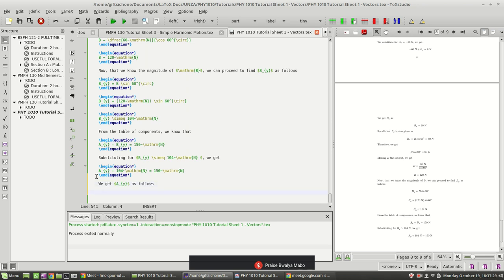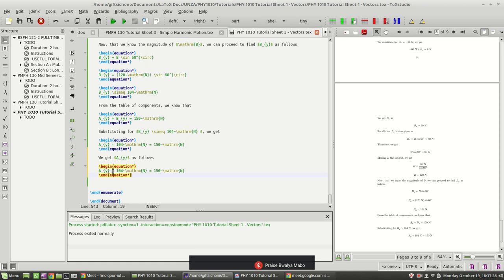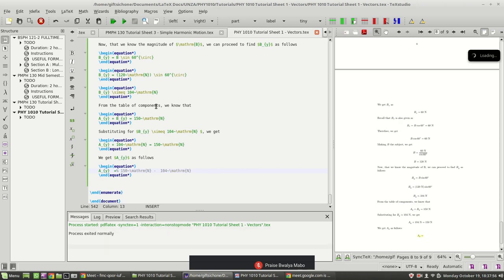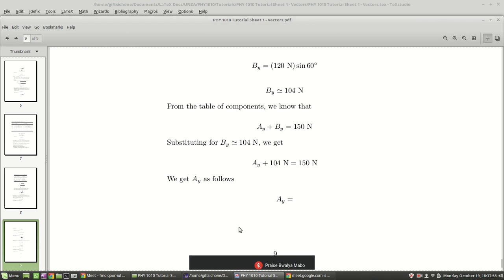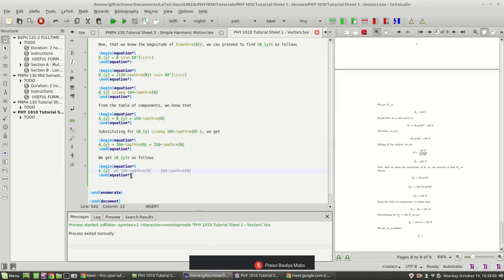So how do we get Ay? We subtract 104 from both sides, or we add negative 104 to both sides.